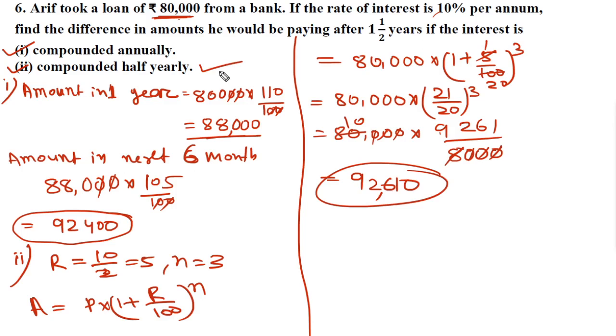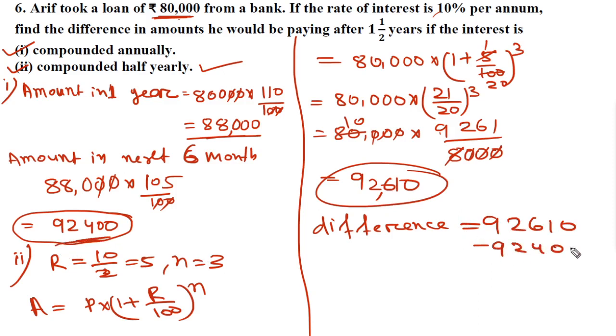Now what we have to find? We have to find the difference. Okay, difference in amount. So difference equals this 92,610 minus this amount 92,400.